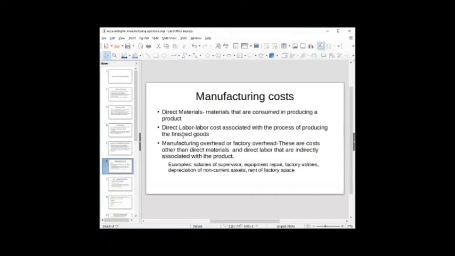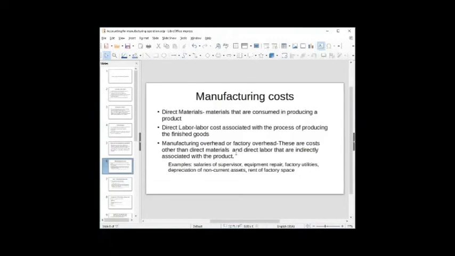Well, manufacturing overhead or factory overhead, these are the costs other than direct materials and direct labor. So not direct materials and not direct labor, but part of the manufacturing cost. This is what we call manufacturing overhead or factory overhead. What are the examples of this manufacturing overhead?